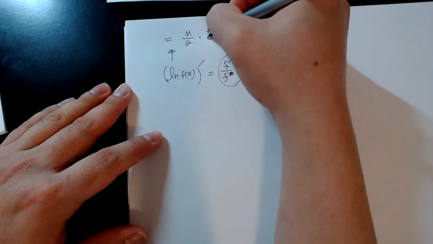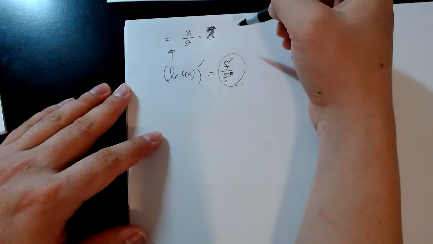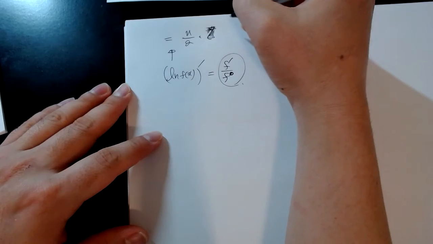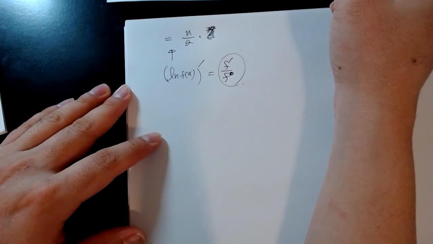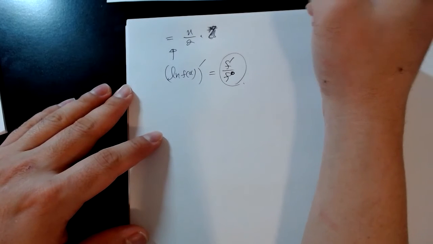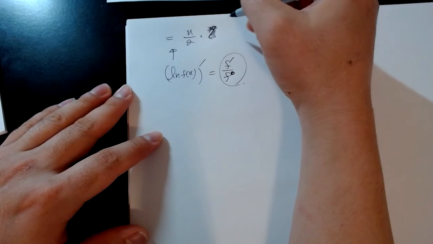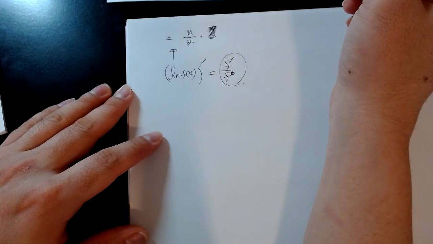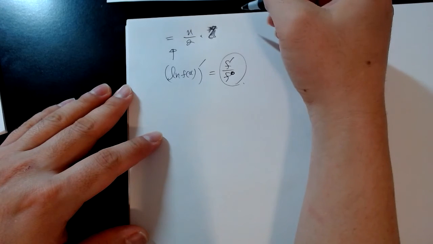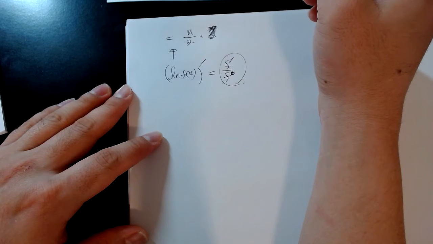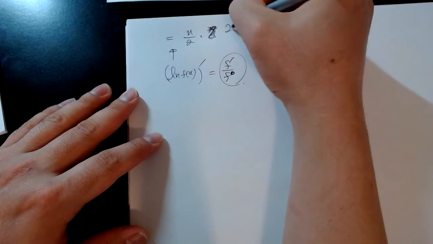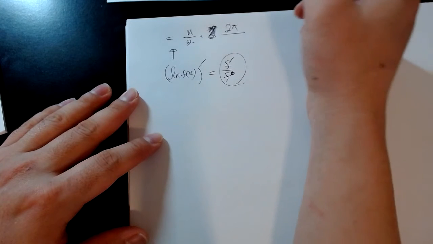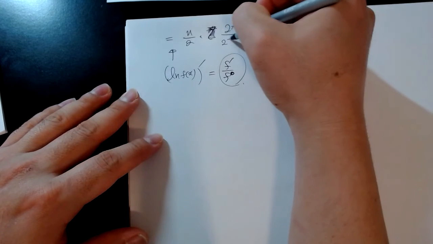Sorry, n over 2, and then we got 1 over f, and f prime is going to be what? The 2 pi. And then 2 pi sigma square.